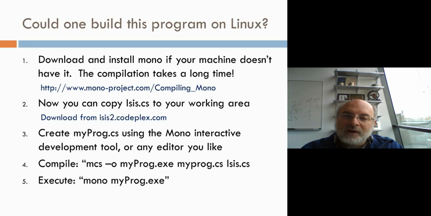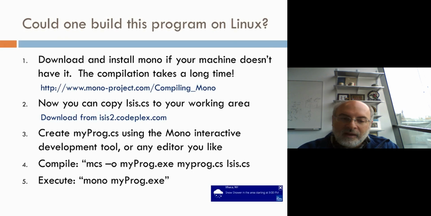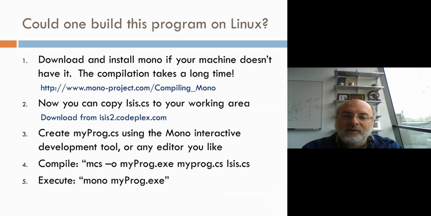If you did install Mono in your own folder, then you're going to have to point MCS to the folder using the -L command. And then it's going to snow in Ithaca, big surprise in the winter. Okay, and then you execute this by executing Mono on the executable. And Mono is a just-in-time compiler, so what it'll do is do last-second compilation to instructions, and then it'll execute the machine code safely.